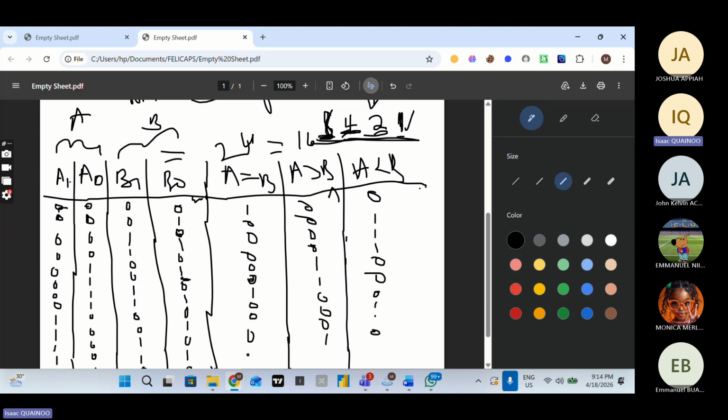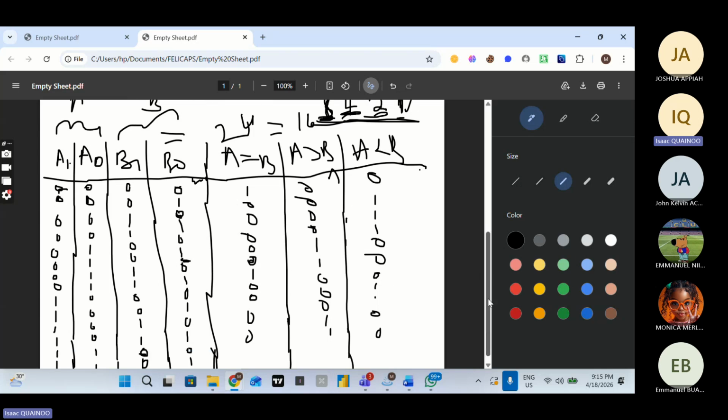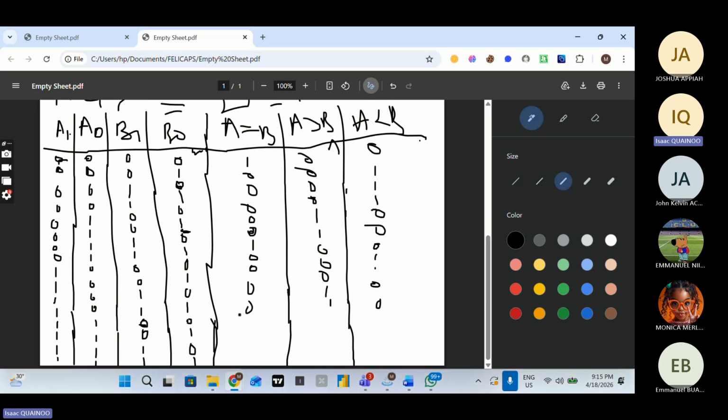So just continue in this manner until you are done with all your 16 bits, and then the result is going to be your truth table. Let me check how many we've done so far. 1, 2, 3, up to 12.